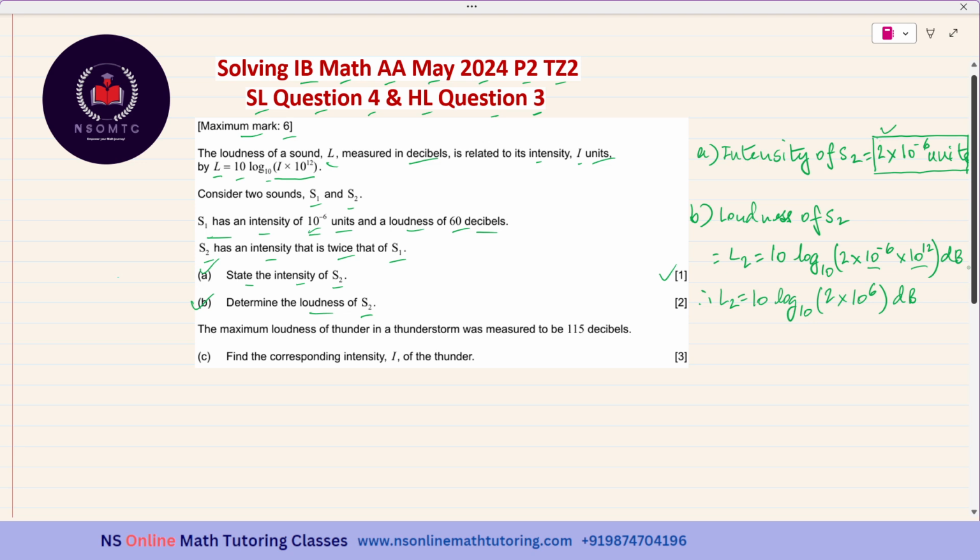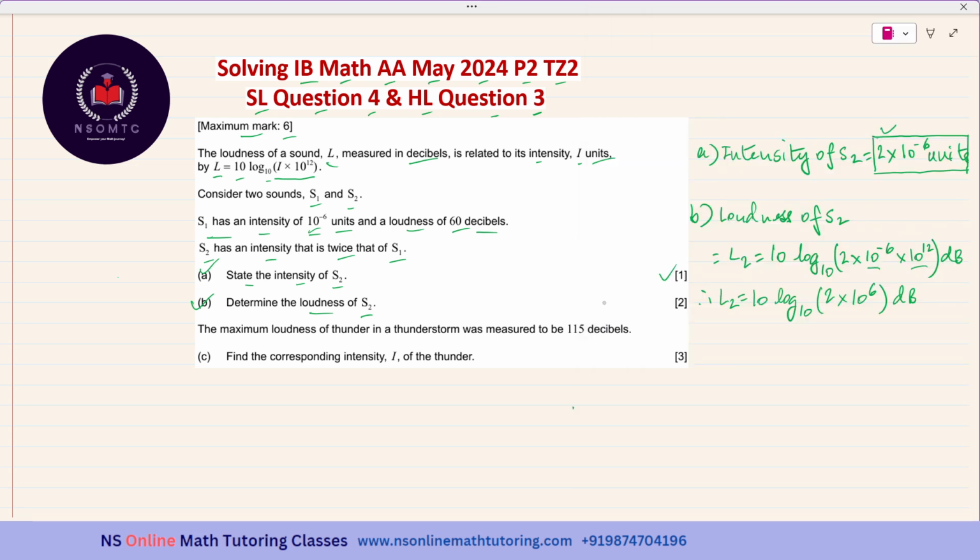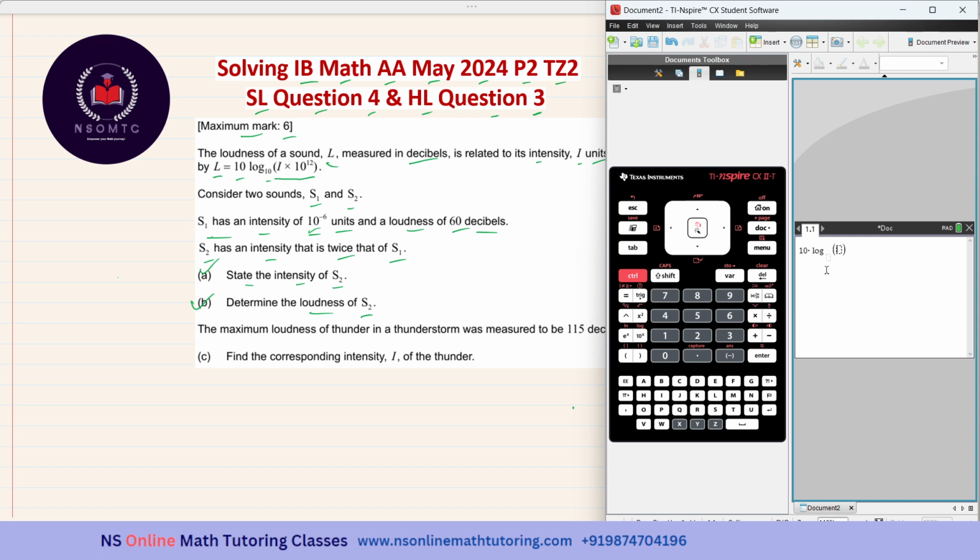And we have the calculator. This is a paper 2 question, so we may use the calculator. So it is 10 times log base 10, I'm not writing that, and it is 2 times 10 to the power of 6. If I don't write the base, it will be assumed to be 10. See, the base has been taken as 10.